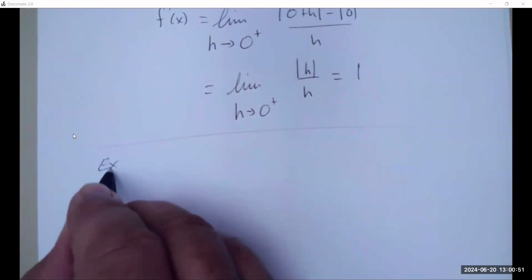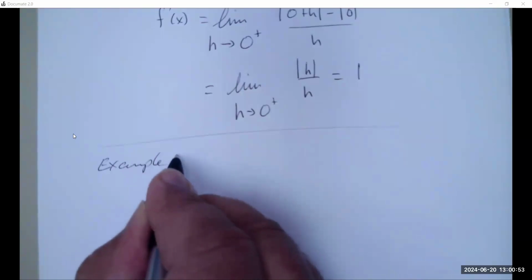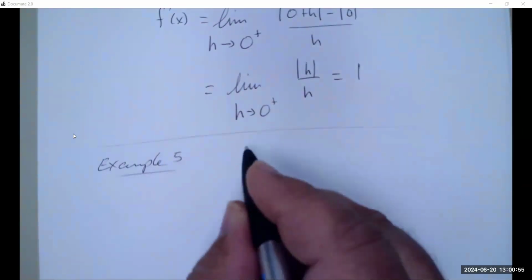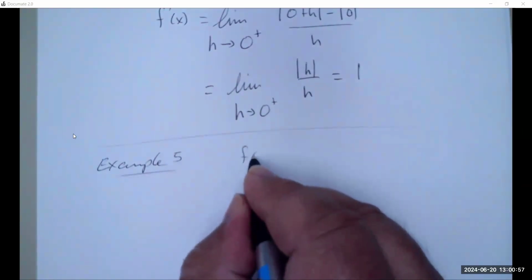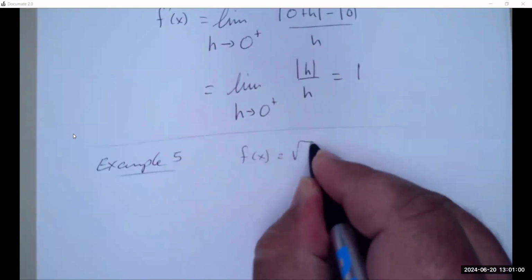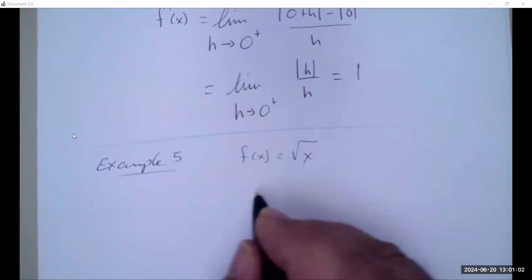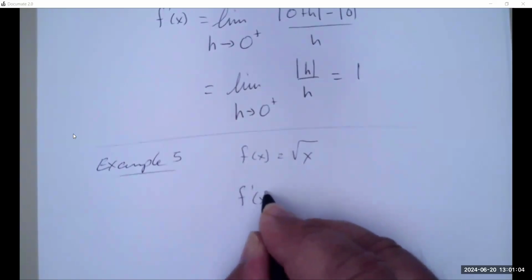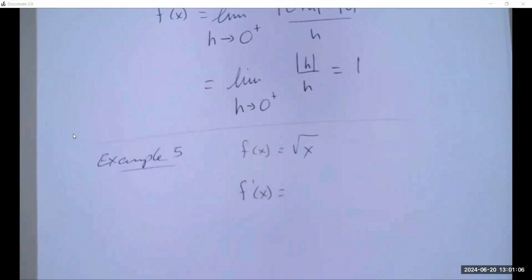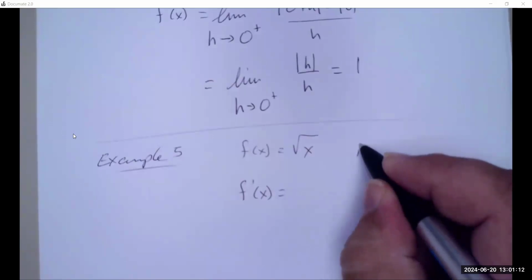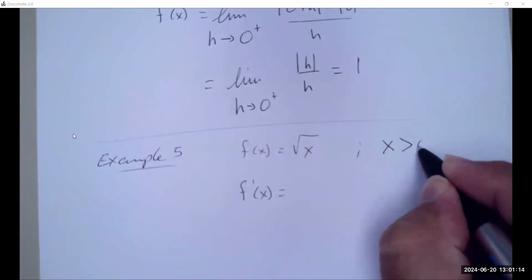Last one. Example 5. The function's f of x equals square root of x. And originally, we said that x had to be greater than 0.